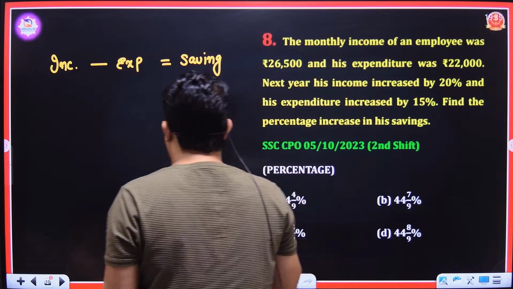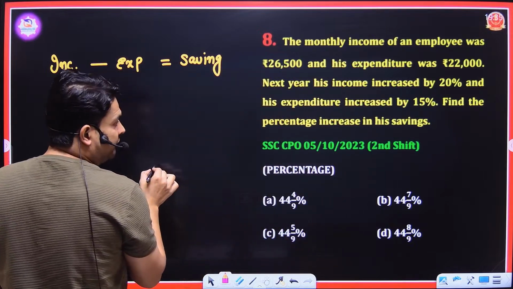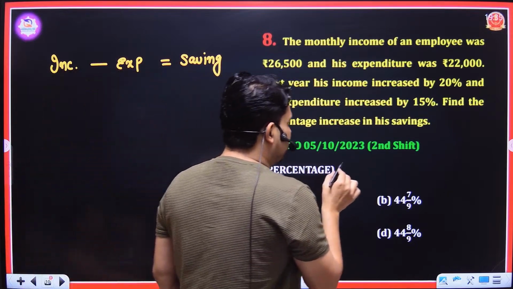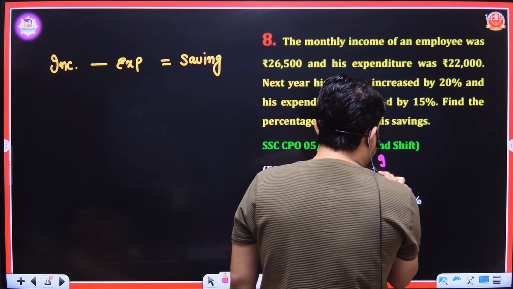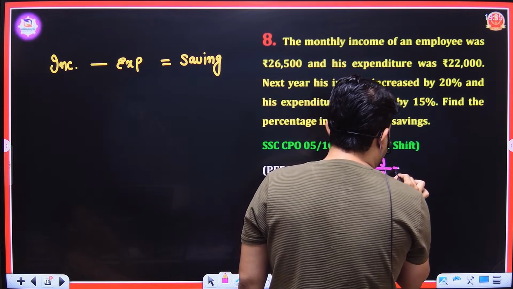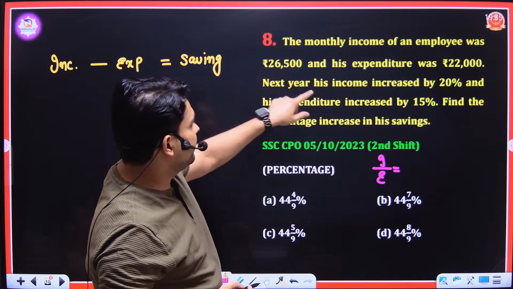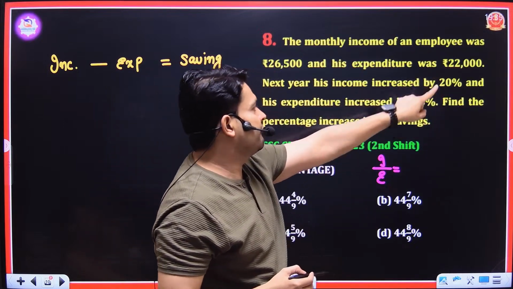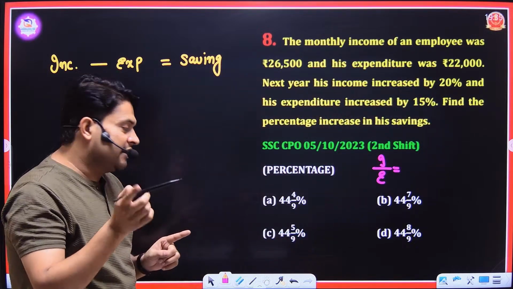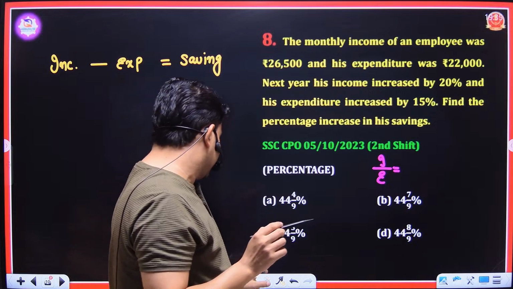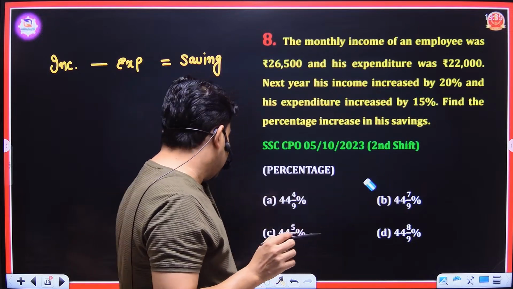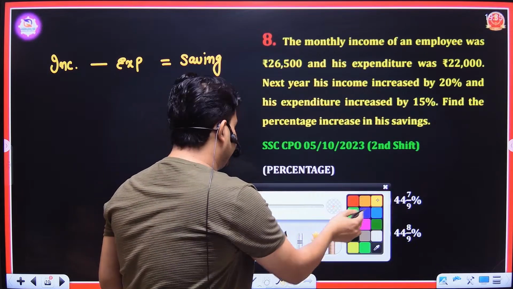If I have to calculate 20% of it and 15% of it, then my question will be calculated somehow. So I have a method to solve it. I will find out the ratio.